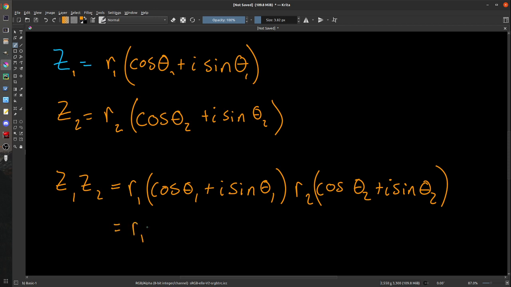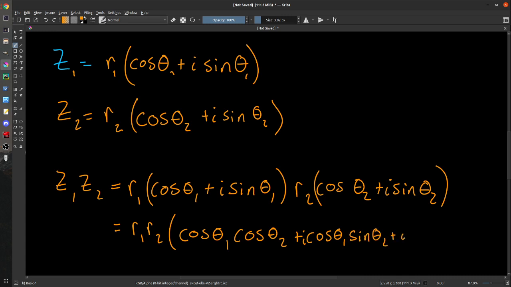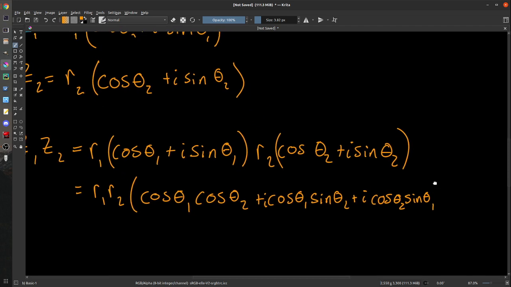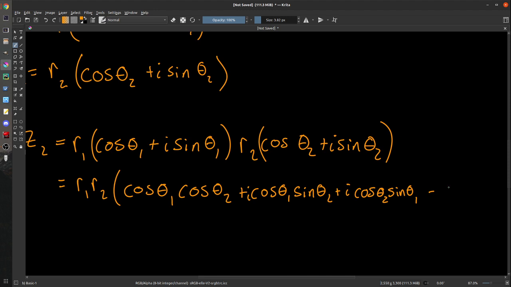We'll get r1 r2, and then we'll get cosine theta 1 times cosine theta 2, plus cosine theta 1, I'll put the i up front, i sine theta 2, plus i cosine theta 2 sine theta 1, and then just to go a little bit further, we'll get minus sine theta 1 sine theta 2.